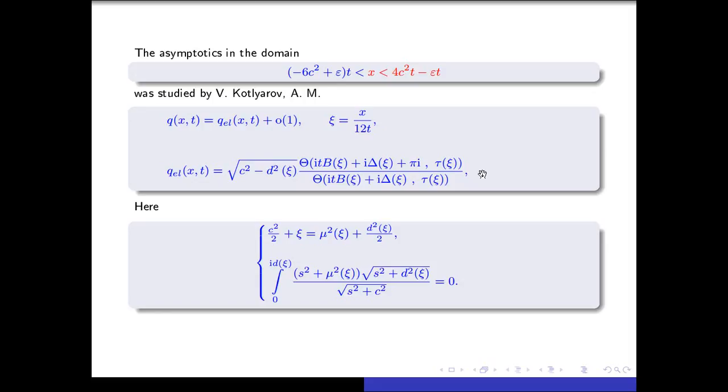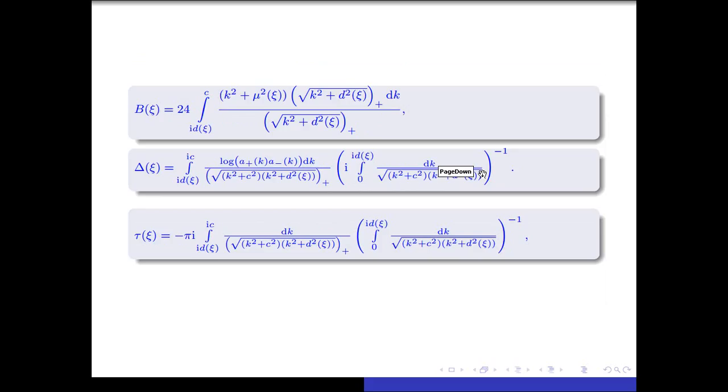Here the quantity d, which determines the amplitude of this wave, is determined through the following system of equations. And parameters b, delta, and tau are determined in the following way, using already defined quantities d and mu.